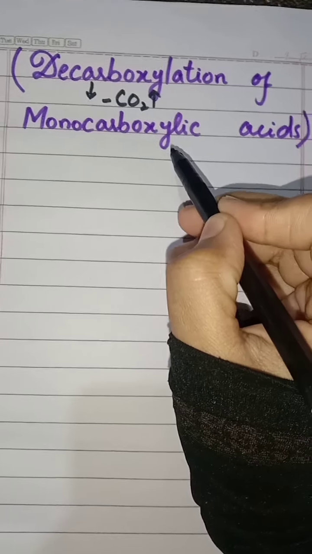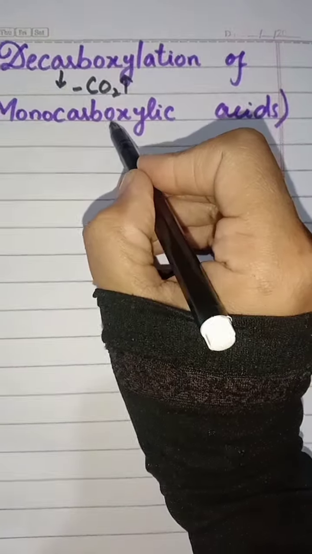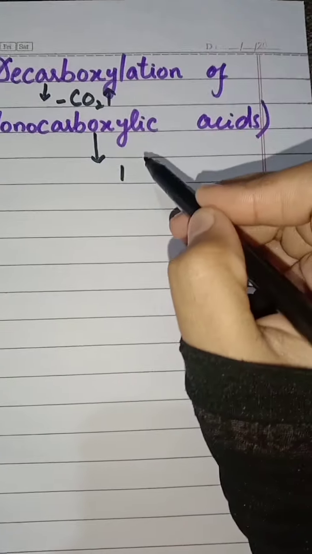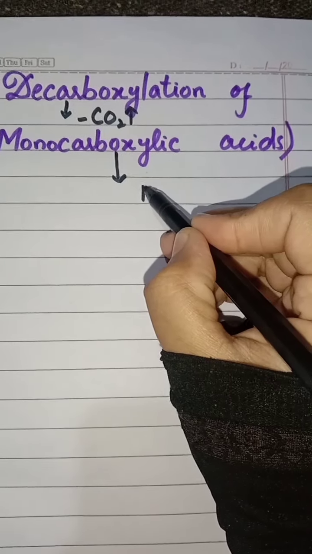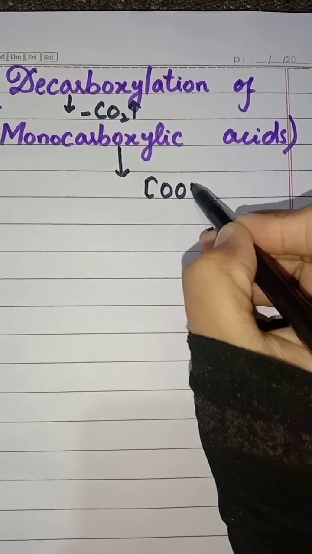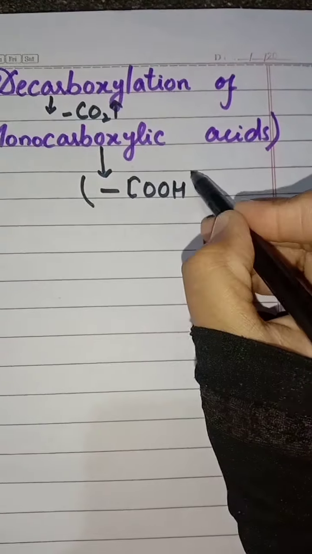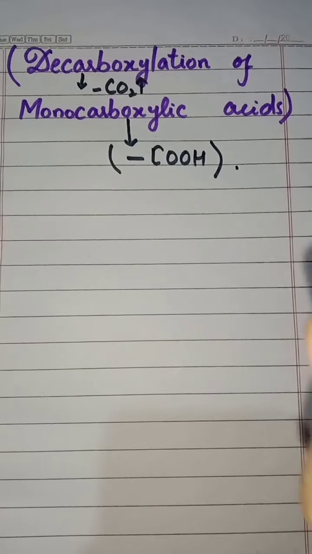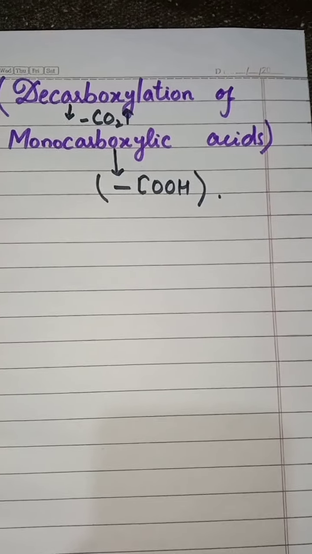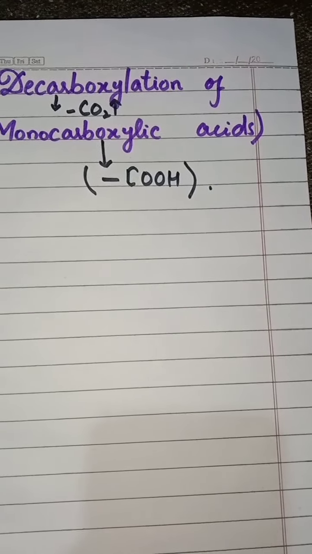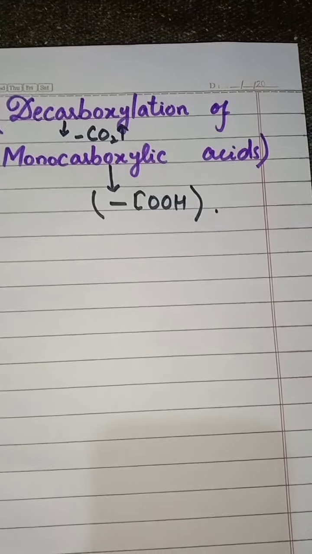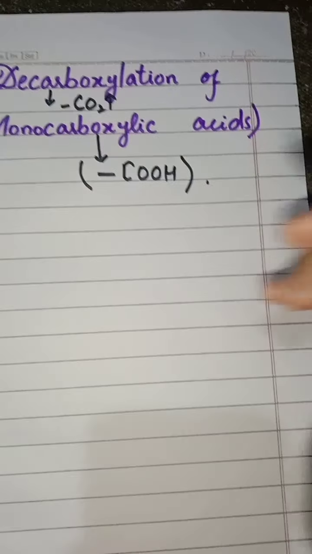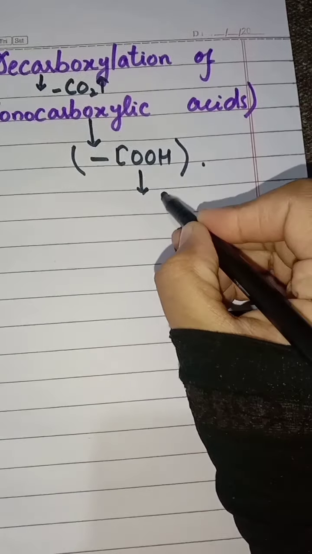Mono means one, so monocarboxylic acids are those carboxylic acids which have only one carboxylic acid group as their functional group in their structures. So the statement means the removal of carbon dioxide from a monocarboxylic acid having one carboxylic group. This is a carboxylic acid group.